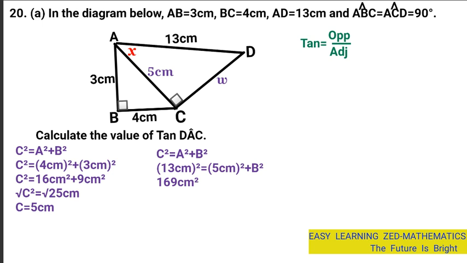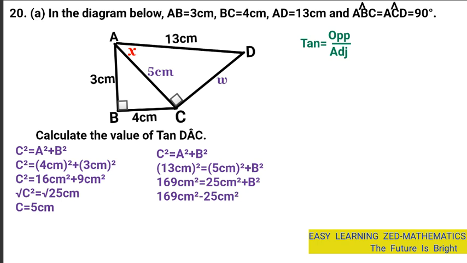Next we put like terms together. The 25 centimeter squared will cross the equal sign and become minus. So it's 169 centimeter squared minus 25 centimeter squared, which will be equal to B squared.